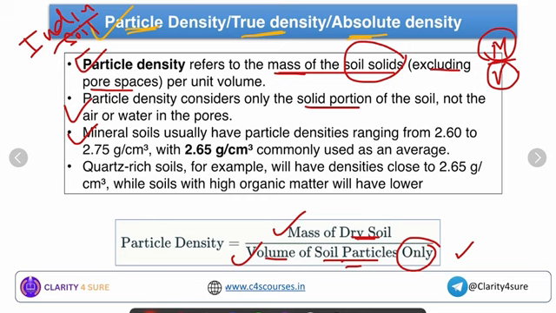Next, the average value of the particle density for soil particles is 2.65 gram per centimeter cube. Mass will be measured in gram and volume in centimeter cube. So the average value for particle density is 2.65, which is again simple.